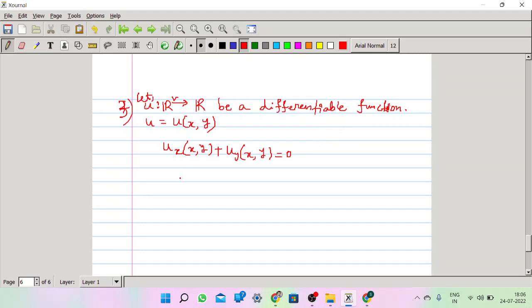with the condition that u of x comma 0 is sin x.